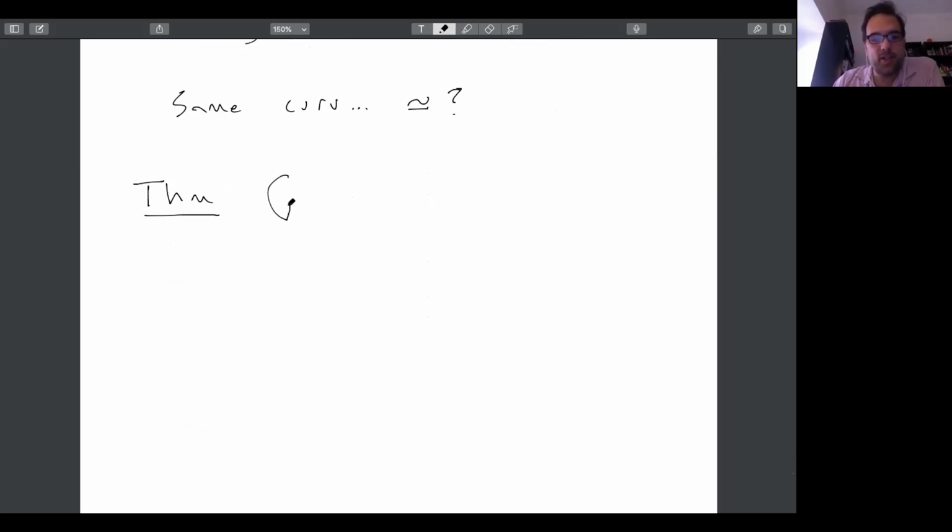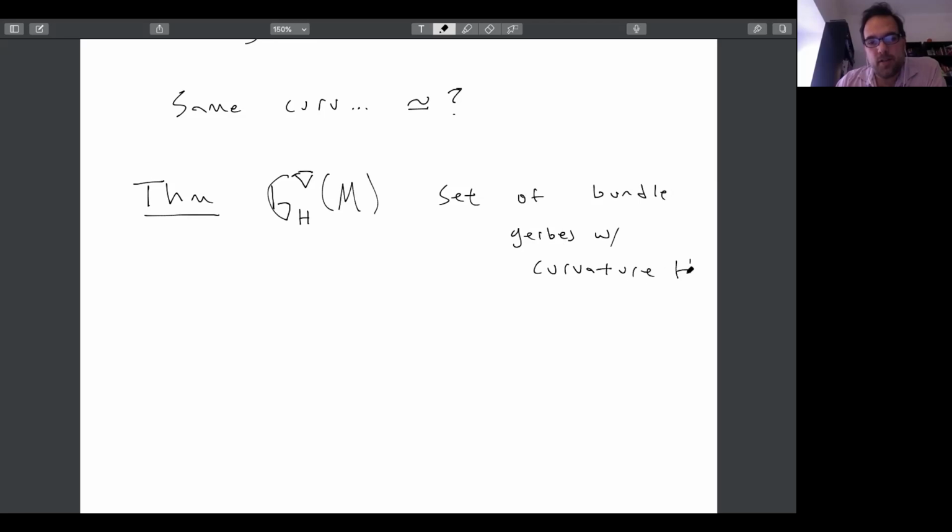So let G sub H nabla be the set of bundle gerbes with curvature H. Then there's a map going from the set of bundle gerbes on the body with the body of the curvature to the set of all bundle gerbes with the full curvature.